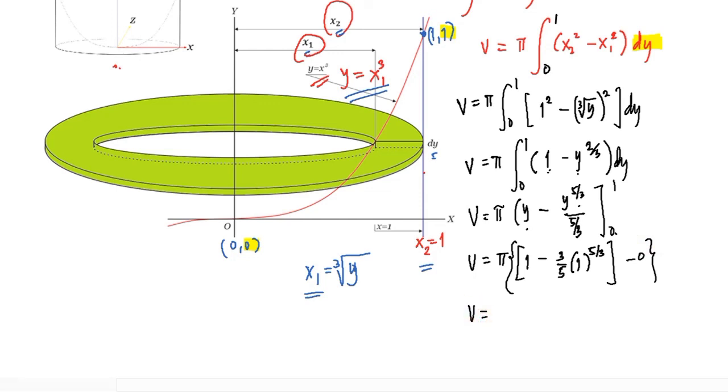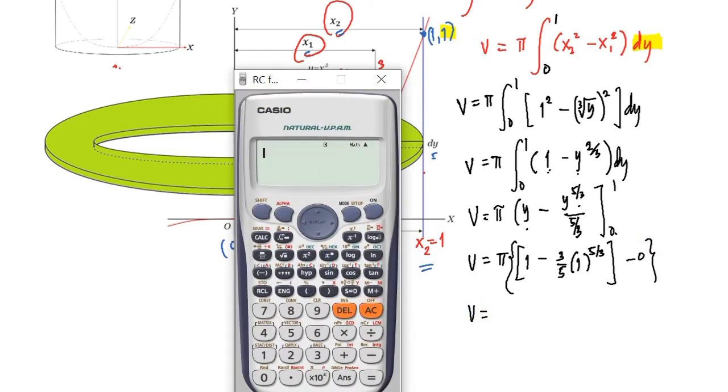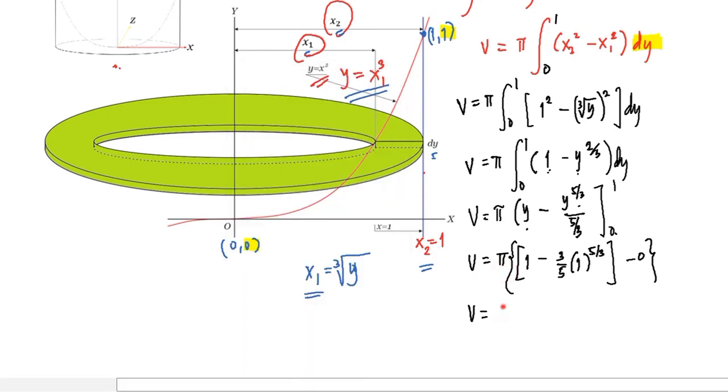So, computing for the volume, we have here 1 minus 3/5 multiplied by 1 raised to 5/3. And that is equal to 2/5. Since we have pi here, we have here 2 pi over 5. Since we are computing for the volume, this is now expressed in cubic units. And this is our answer for our problem number 1 for circular washer.